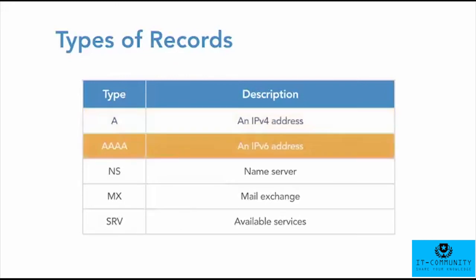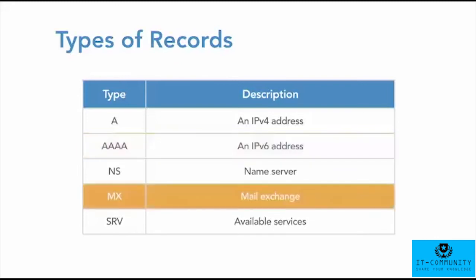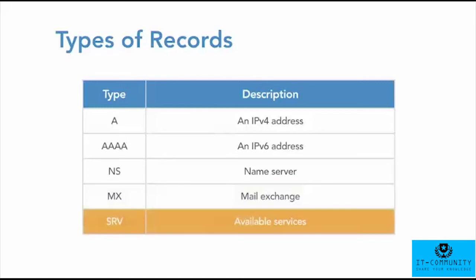You might also see a Quad A, which is used for an IP version 6 address. A mail exchange record will redirect mail to a mail server. And the last entry is a service record, which defines available services, such as HTTP, LDAP, and SIP.